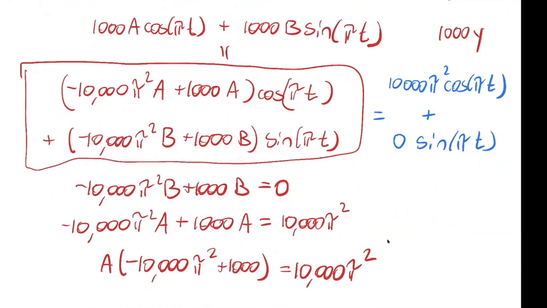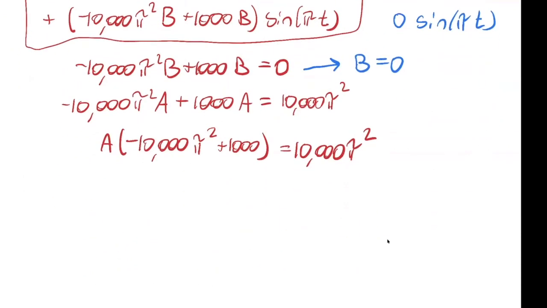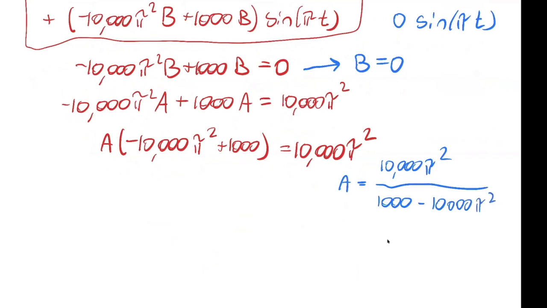So from this equation, the only way that's going to happen is if b is equal to 0. And from this equation, I suppose we can get a very complicated looking expression for a, which is 10,000 pi squared, all divided by 1,000 minus 10,000 pi squared.